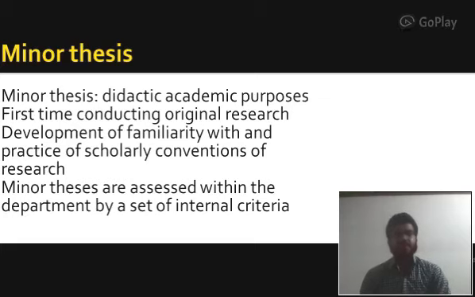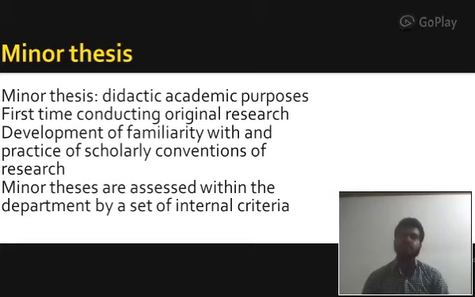So again, the purpose is development of familiarity with and practice of scholarly conventions of research. So minor theses are assessed within the department by a set of internal criteria. So this is something that is actually managed by the department itself. We do not have an external examiner coming and assessing the quality of the work.